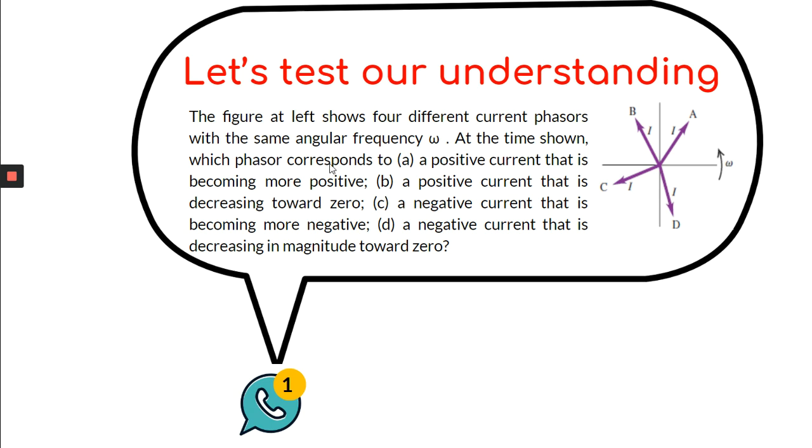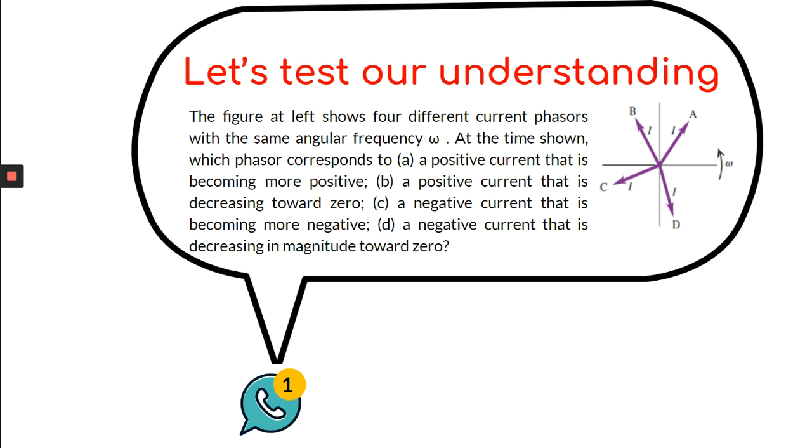Now answer these questions. Now what is given? The figure at left shows 4 different current phasors with the same angular frequency omega. At the time shown, which phasor corresponds to a positive current that is becoming more positive? That means at that time, what is the instantaneous current?